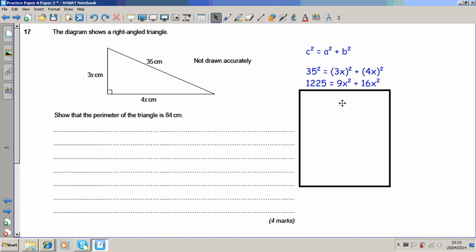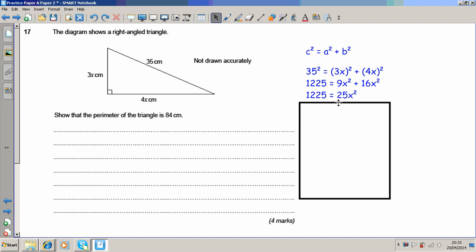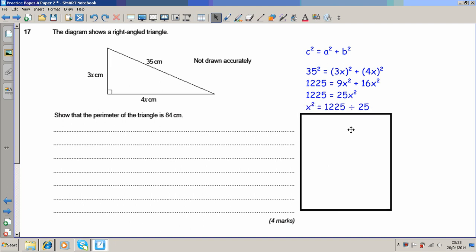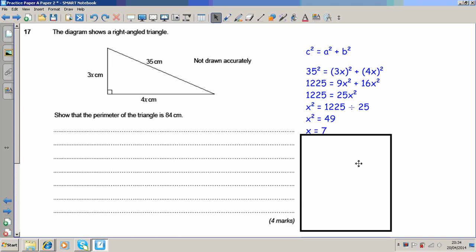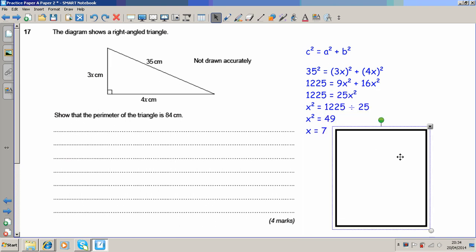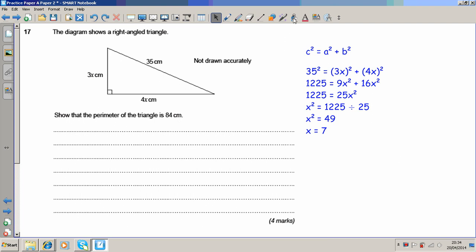So now combining them together, I've got 1225 is 25x squared, divide by 25, tells me that x squared is equal to 49, which means that x is going to equal 7. So I can get myself down to what x is equal to, and now I can just work it out.